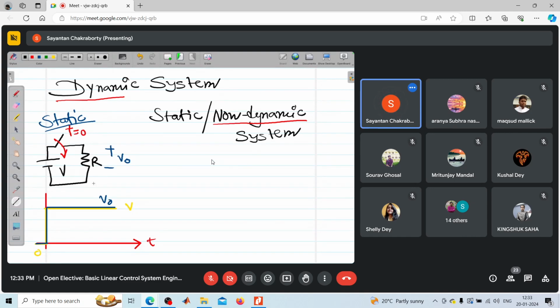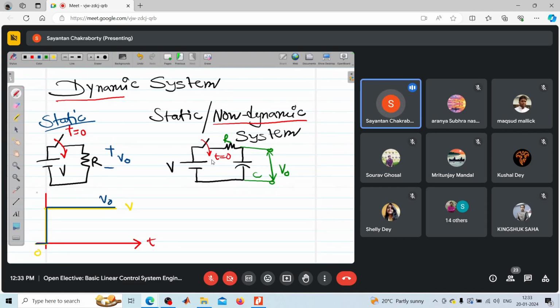And for a dynamic system, suppose we have a circuit, and this is the output.